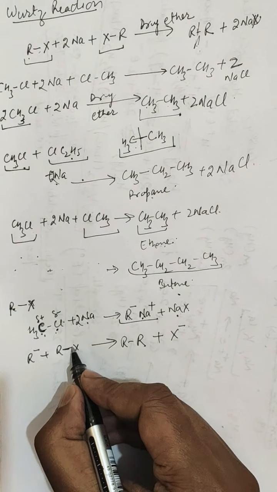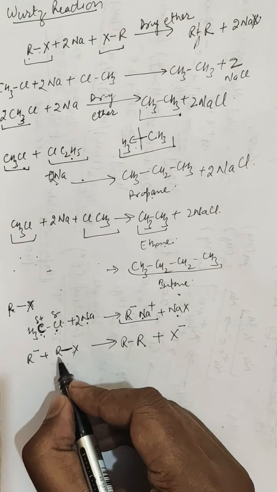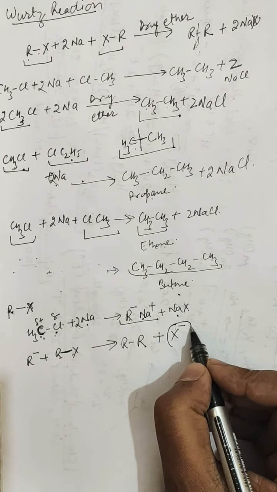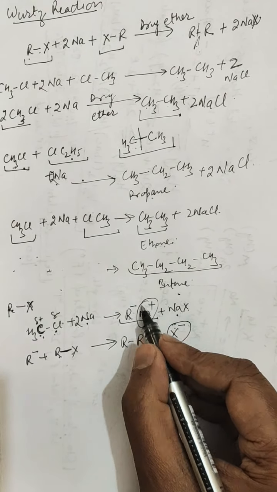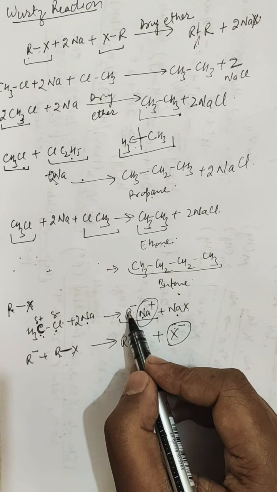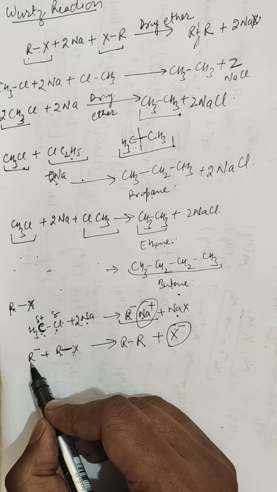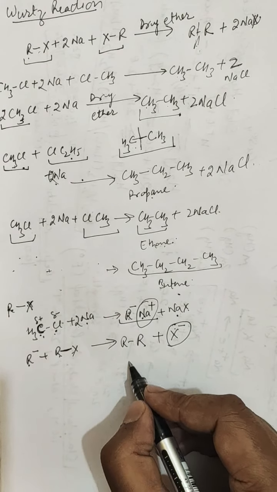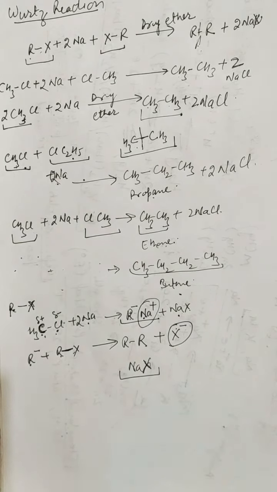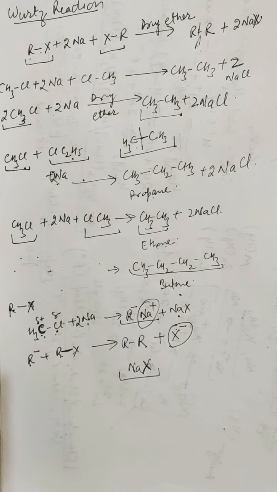This X negative gets separated from this alkyl halide, and this X negative plus this sodium cation, from which this carbanion got dissociated in the second step, both of them form the salt by combining between themselves. So this is the first mechanism, that is ionic mechanism through intermediate formation.